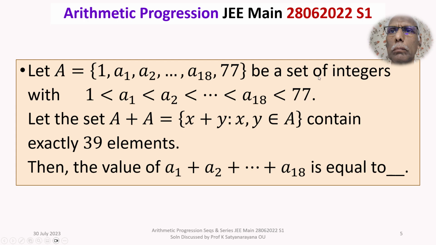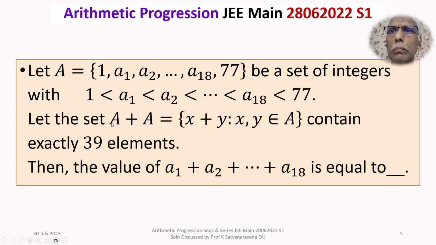We are given a set of integers A consisting of 1, a1, a2, etc., a18, 77. Further, these integers in A are in ascending order. So 1 less than a1, less than a2, less than etc., less than a18, less than 77.